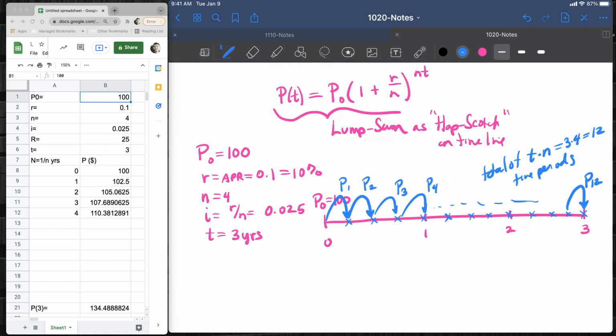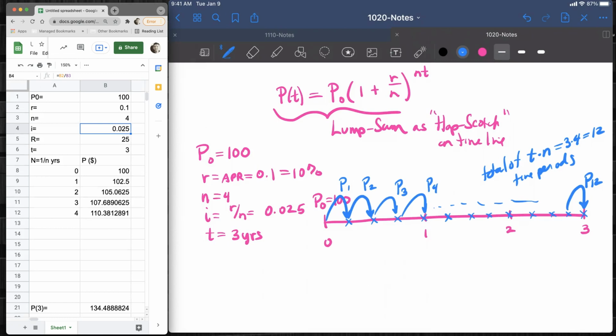And this is what we had in Excel. We had the ability to take our principal, $100, and we put in an interest rate of 10%, which is 0.1. Number of compoundings 4. We're making 4 jumps in 1 year.